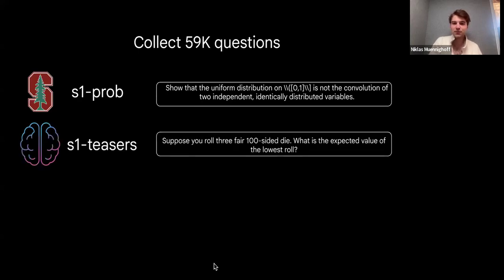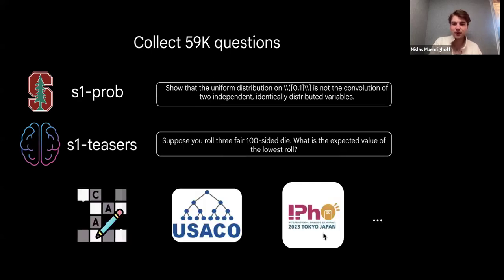We also collected some brain teasers that are often used in interviews and various other really hard sources: physics tasks, USACO, which is, I think, the computing Olympiad, very hard tasks, crossword puzzles, tasks that you probably need to think a lot before you can solve them.